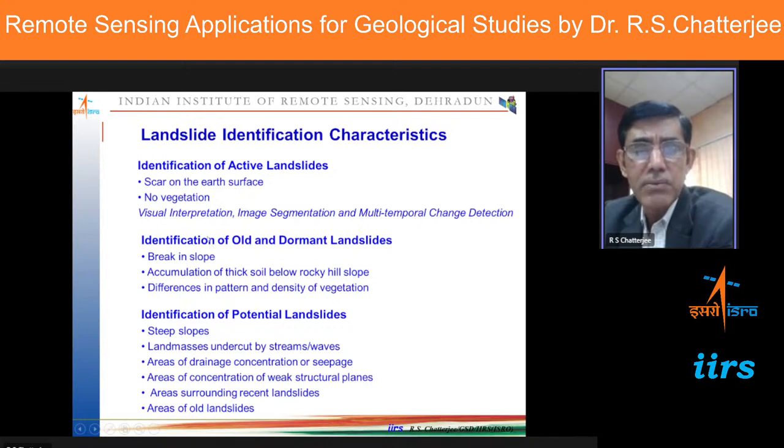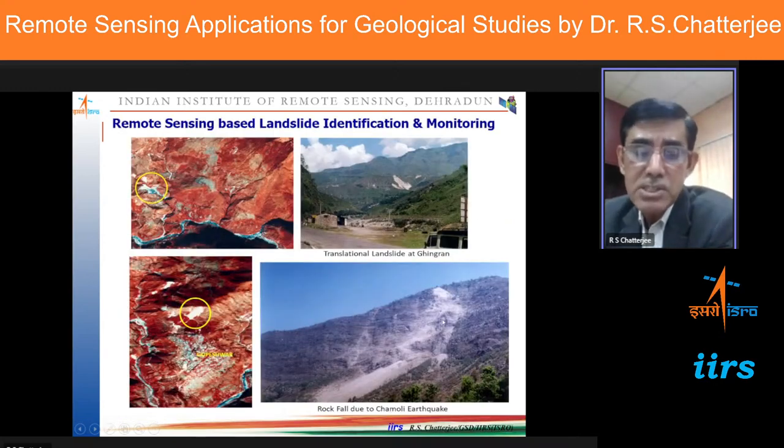Again, there are different criteria for old and dormant landslides. There are a lot of criteria for potential landslide zone identification, so a lot of studies are required, and many people are working on landslide susceptibility and landslide early warning systems. These are some of the areas where researchers are presently working, particularly on landslide early warning systems.